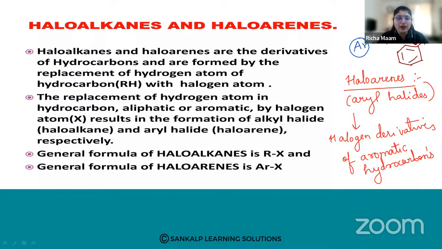So haloarenes are called aryl halides. These are the halogen derivatives of aromatic hydrocarbons in which one or more hydrogen atoms are replaced by halogen atoms, and in such compounds the halogen atom is attached to an sp2 hybridized carbon atom. Is it clear? Yes, the definitions are clear.